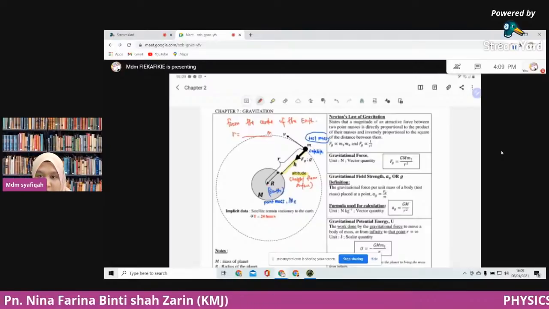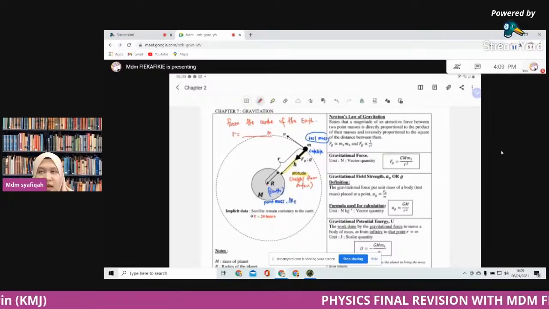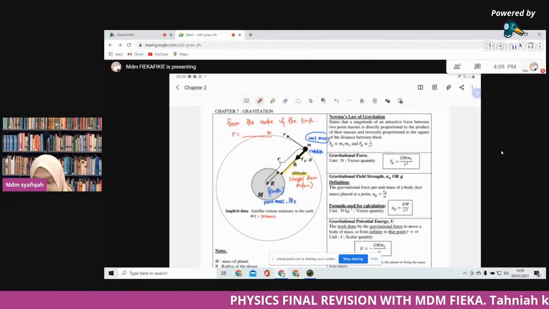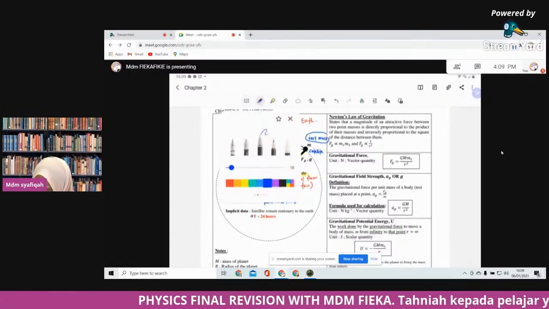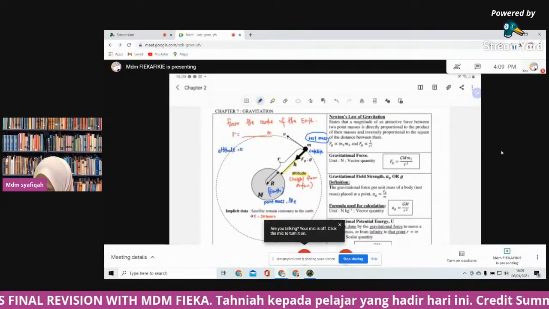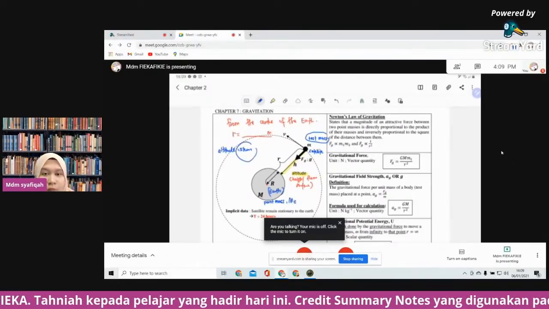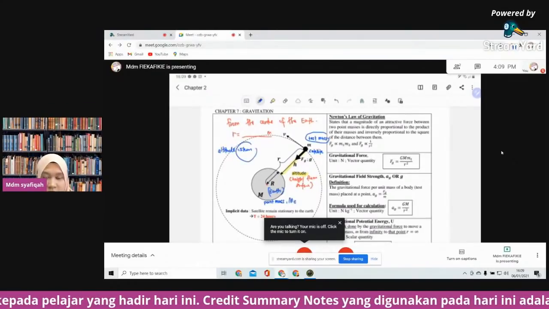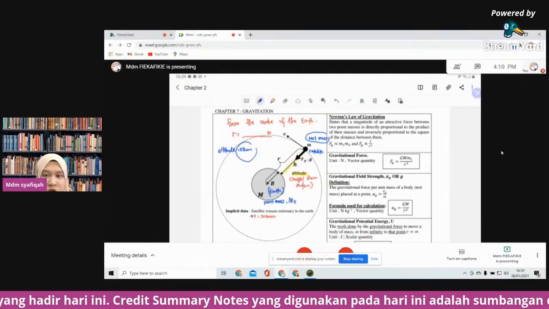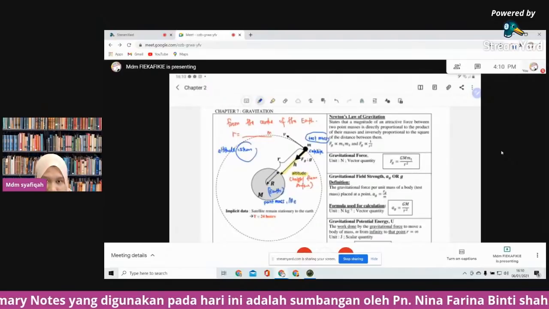Okay. If the question state that the position of the satellite is at altitude of, for example, let's say given that the altitude is 5 kilometer. This 5 kilometer bukan nilai R. This is the position of the satellite from the surface of the point mass.